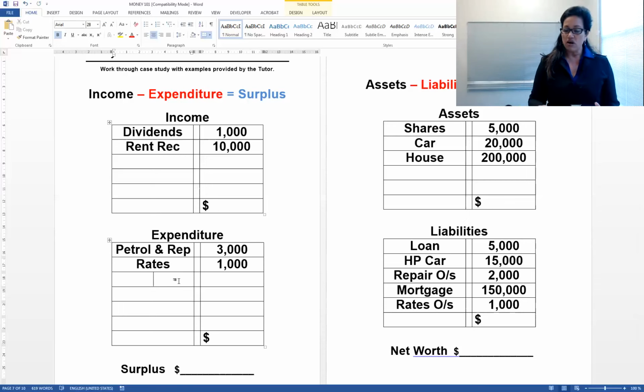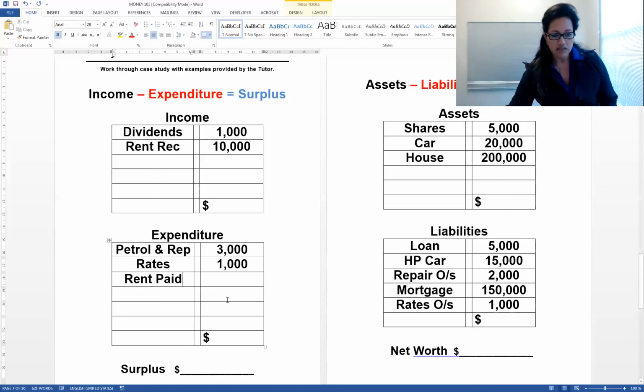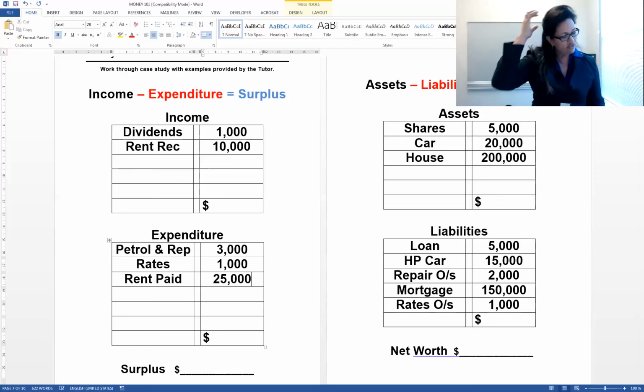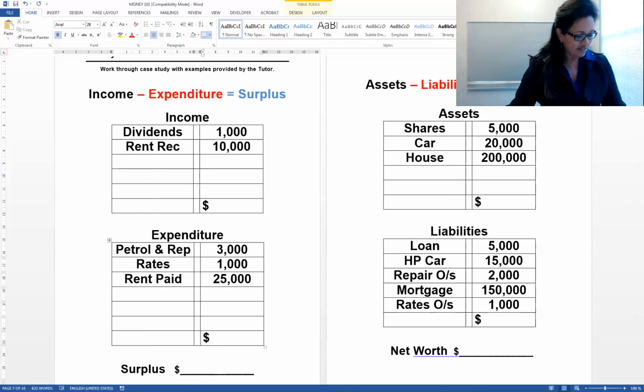And as we know, a cost is an expenditure here on this piece of paper. So we put in rent paid, expenditure of $25,000. A lot more expensive, obviously, in Auckland than it is in Waihi.